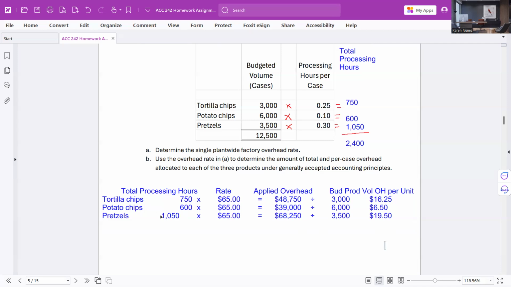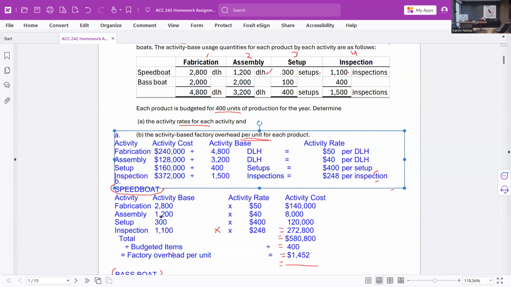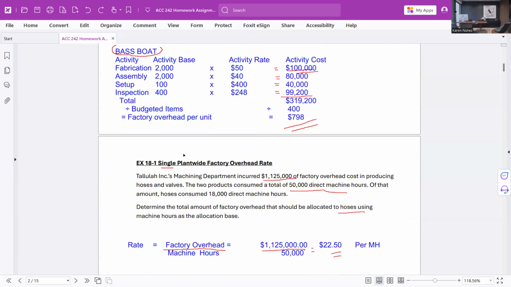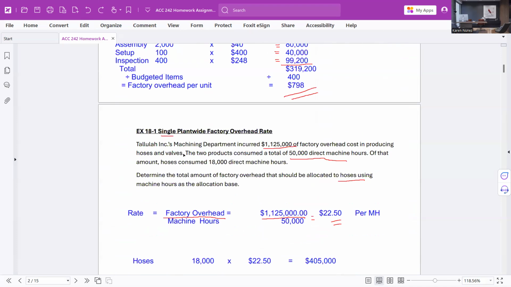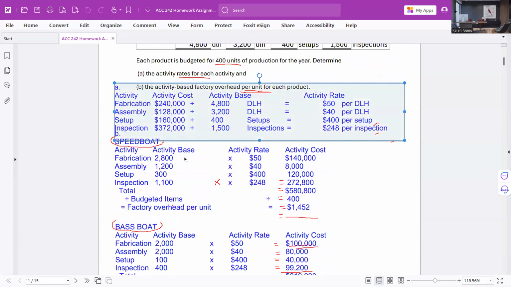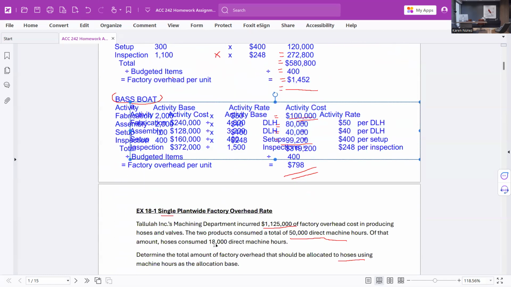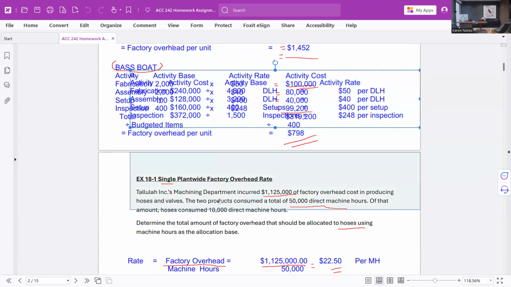Total processing hours. Let me, no, that is not what I meant to do. Let me put that back where I want it, which is a little bit further down.